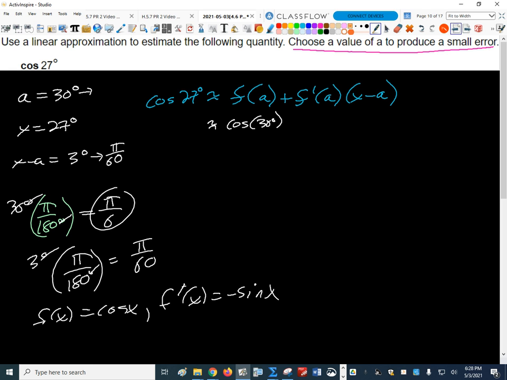I want to write it as pi 6, plus f prime, so that's minus sine of A, which is pi 6, times x minus A. Well, x minus A is just pi over 60.